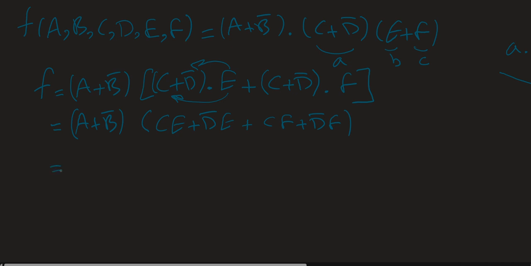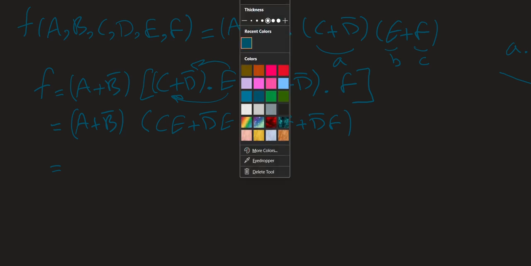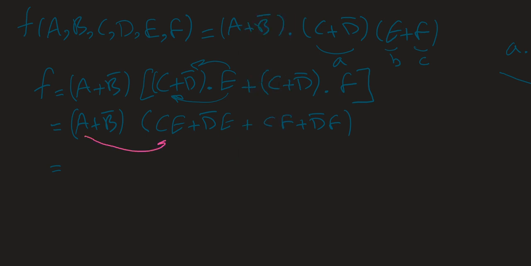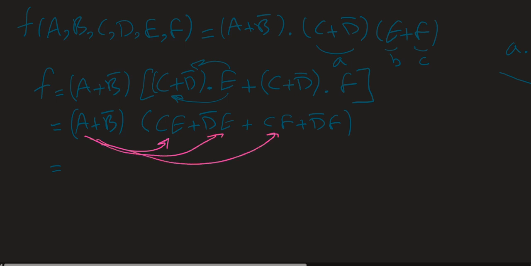Now you need to do distribution again, but do A. Let's do A with this one, this one, this one, and this one, and B bar also. And all are going to be ORed together.